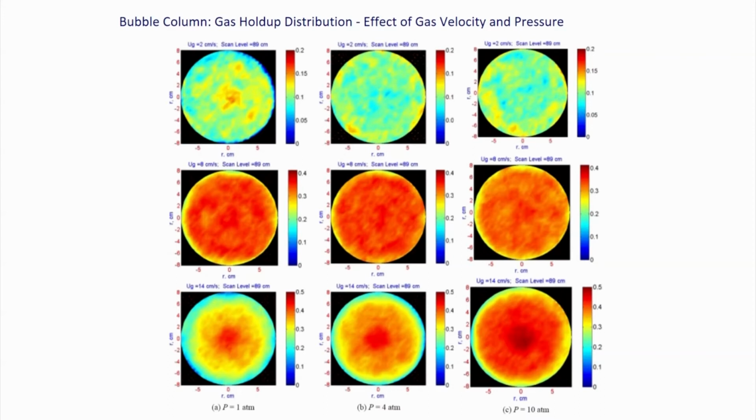Okay. This is a typical diagram which has been taken from the literature, where we have tried to show the effect of velocity and pressure on the volume fraction by using the gamma ray tomography. So, you can see that it can clearly say which phase is where, and there is no preference that it is better near the wall or lesser at the center of the column, and that is mainly because you are using gamma ray, which is highly penetrative. So, we can clearly show this distribution along with the pressure, how volume fraction is changing with the pressure, okay, at different locations.